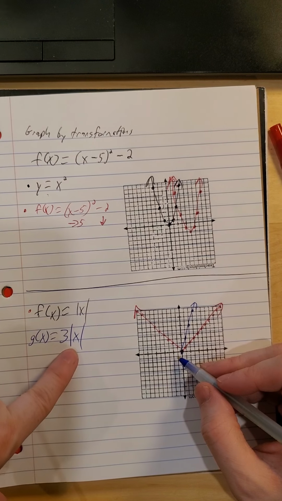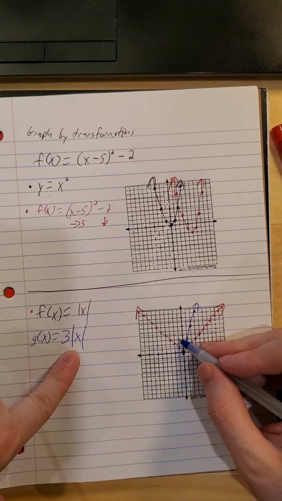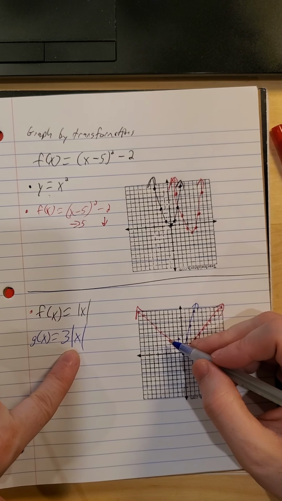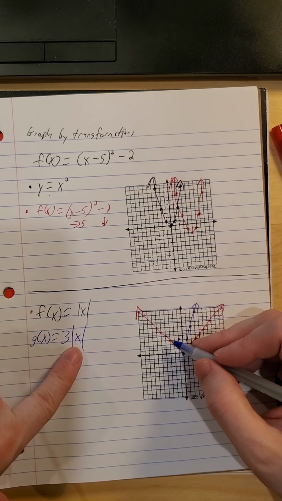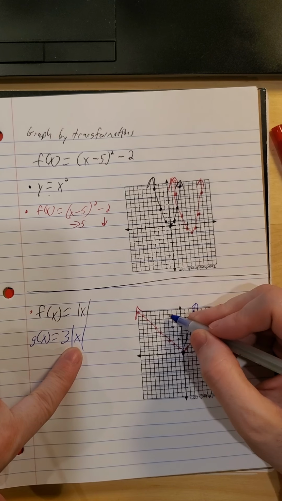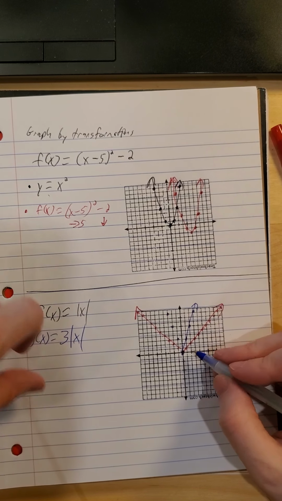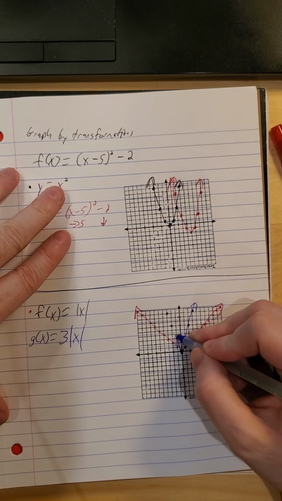Moving the other way, absolute value of negative 1 is positive 1. 3 times positive 1 is positive 3. Absolute value of negative 2 is 2. 3 times 2 is 6. And you hopefully should expect to see negative 3 paired up with positive 9.